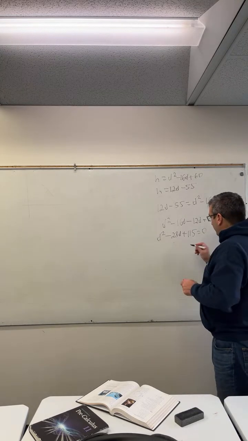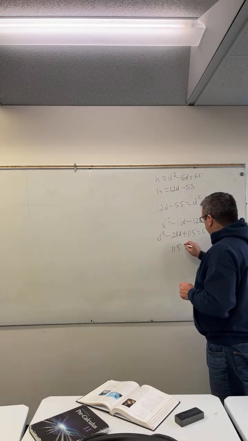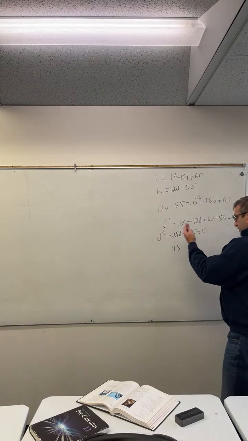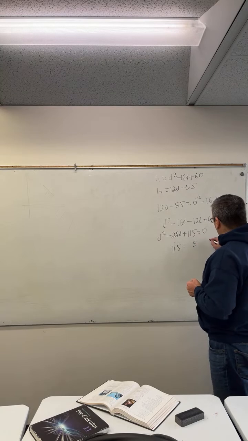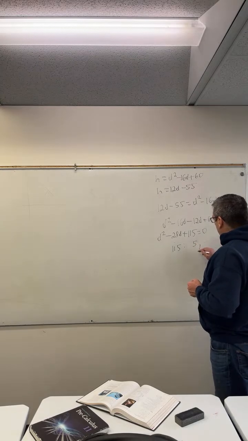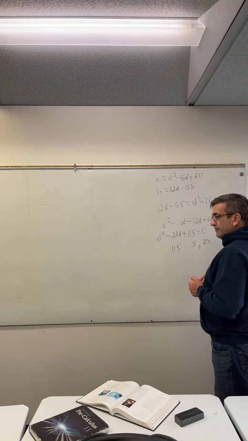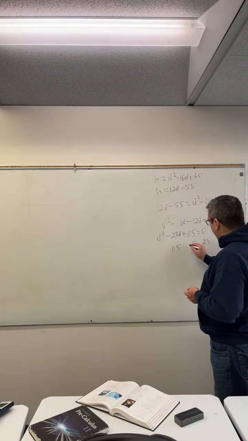Okay, so we need two factors of 115 that add up to 28. So let's see. 5 and 23. So both negative.